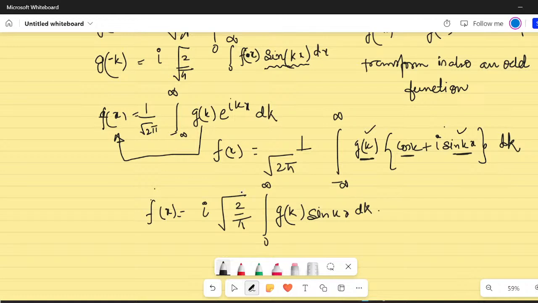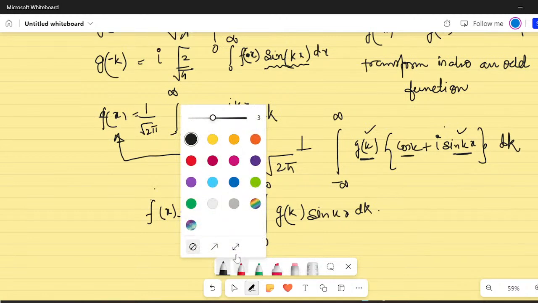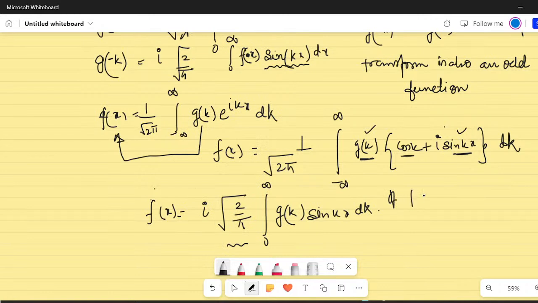Now, if I substitute in this particular expression of f of x the value of this, you'll find that this iota would be lost basically. So I'm just writing it here.